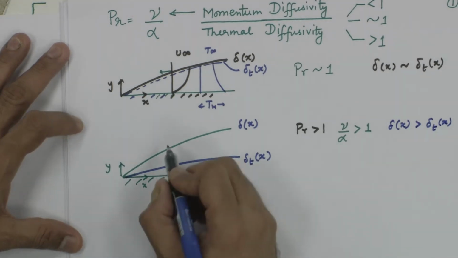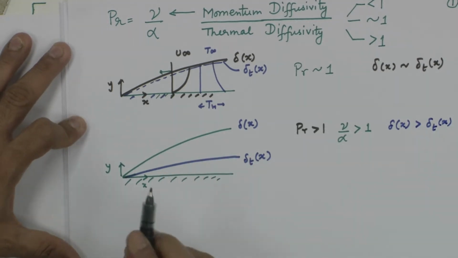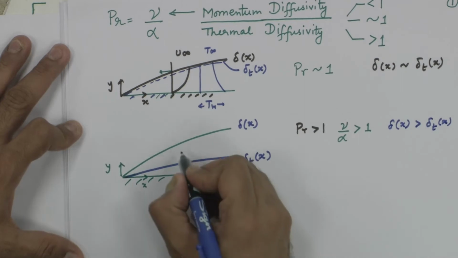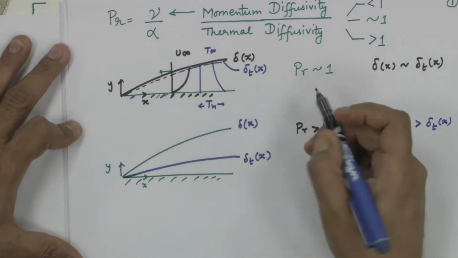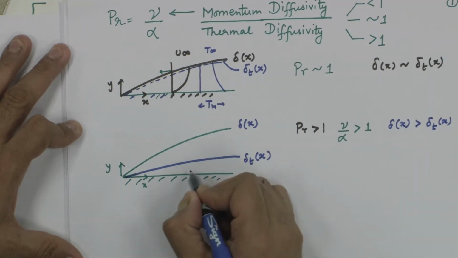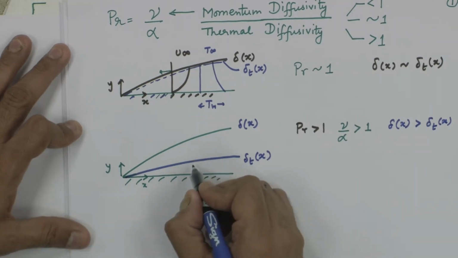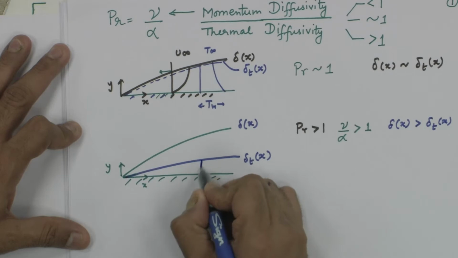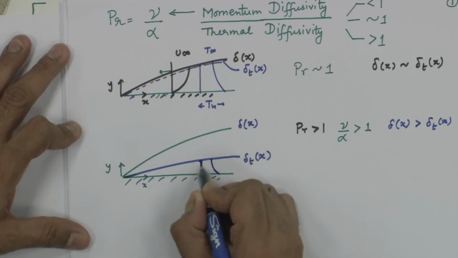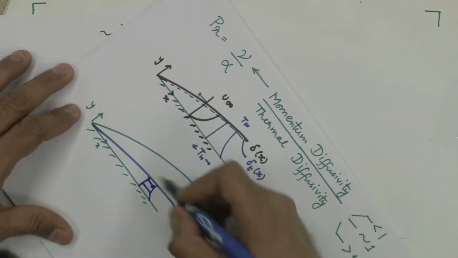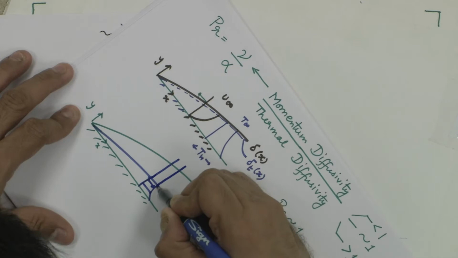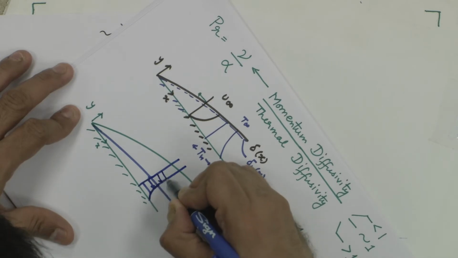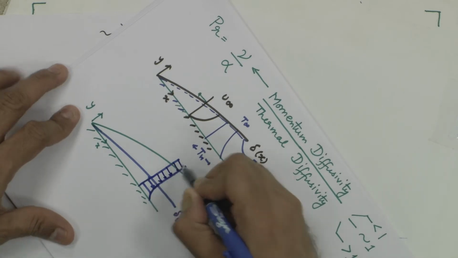Now, if I were to draw the velocity and temperature profiles, what is the thermal boundary layer? It is a demarcation of the region where the temperature starts to become equal to free stream temperature. So, here alone we would have variation in temperature only in this part, and all along after that it's a constant value. This is all T infinity.